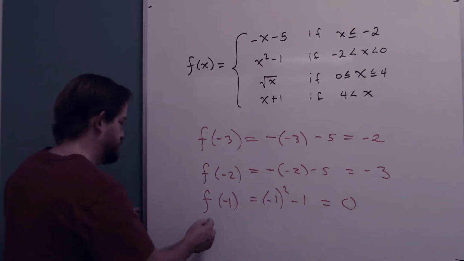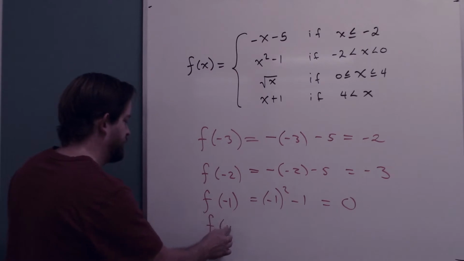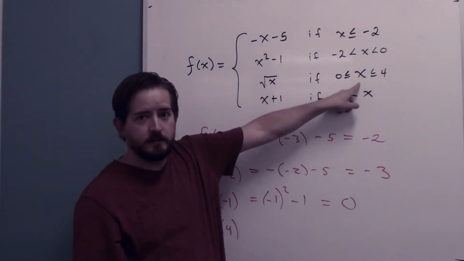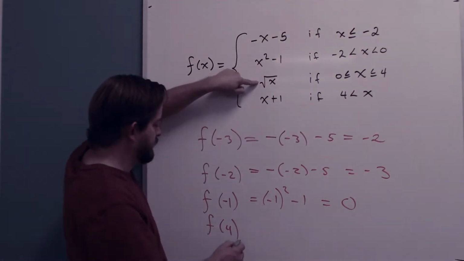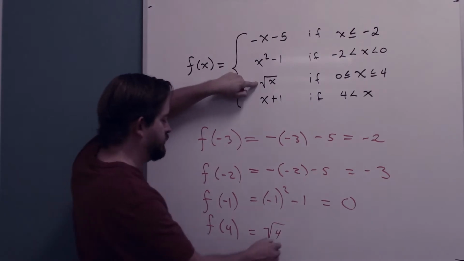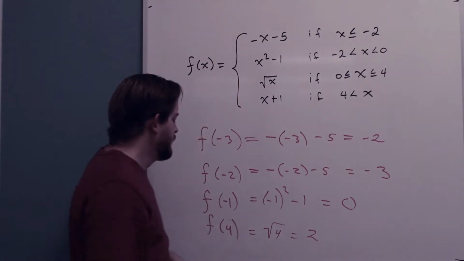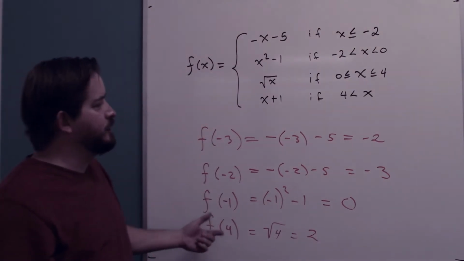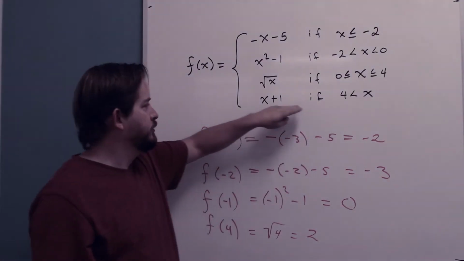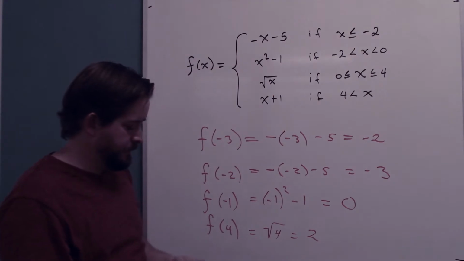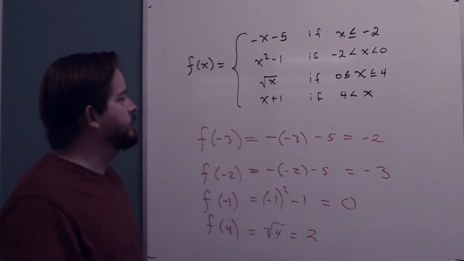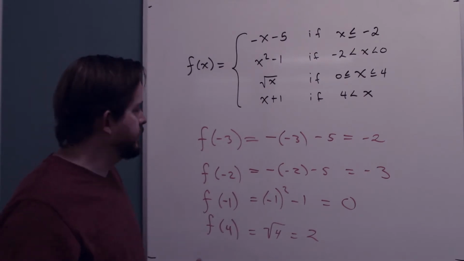F of 4 fits this criteria, so we would plug it into this, the square root of x, where x is 4, so that's 2. And then anything beyond that, f of 5, f of 6, f of 7, would fit this criteria, and therefore you would plug it into this bottom one. So know how those piecewise functions work, because you'll likely see one on the test.